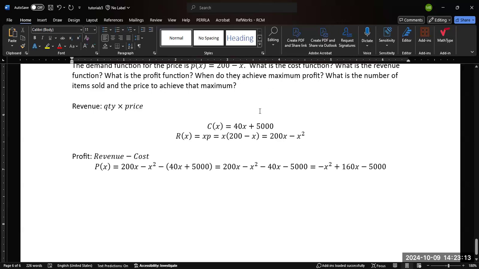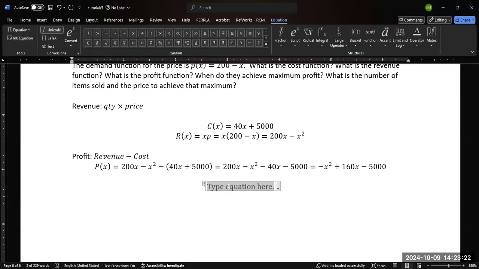So how do I achieve the maximum profit? Well, on a parabola that opens downward, I need the vertex. So recall that the coordinate of our vertex is negative b over 2a. This is why I've put this in descending order, so that we know that b is 160 and a is negative 1, which is going to give me 80.